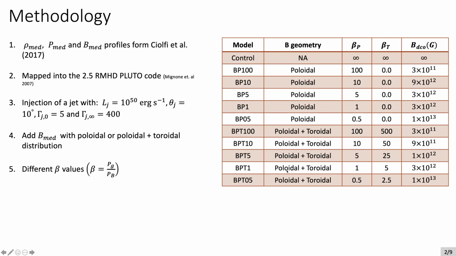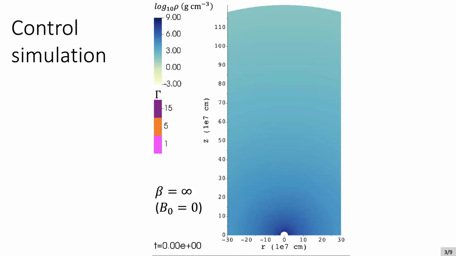Here we have a table that is a reference for the models that we will run at some point. Now I am only going to present three models from this table, which are labeled in the next slides.